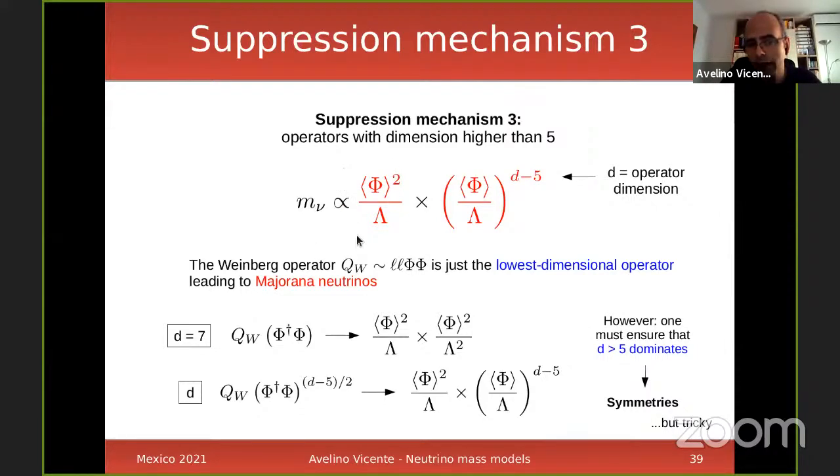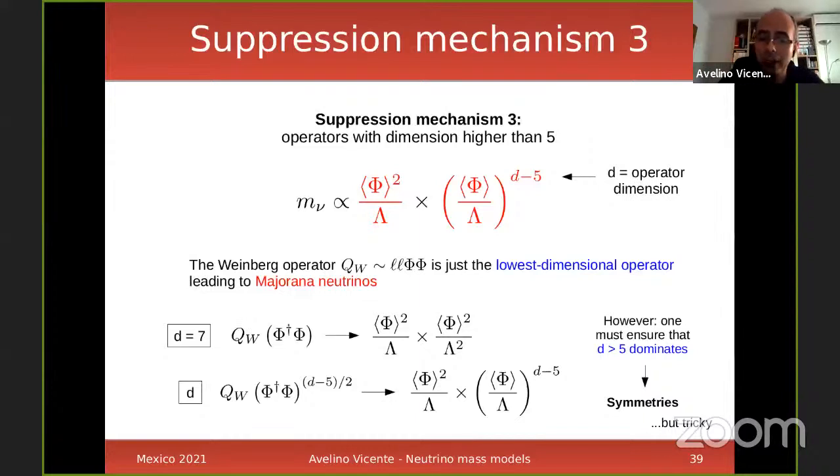In this case, you have the usual factor, the vev squared divided by lambda, and you have some additional factor depending on the dimensionality of the operator that will give you a suppression, because lambda is larger than the vev of the Higgs. As you probably remember from yesterday, and I repeated today, the Weinberg operator is the lowest dimensional operator that leads to neutrino masses and breaks lepton number by two units, and it appears at dimension 5.